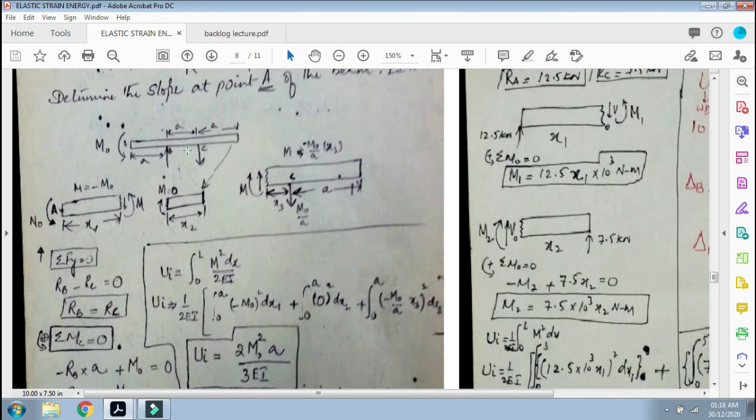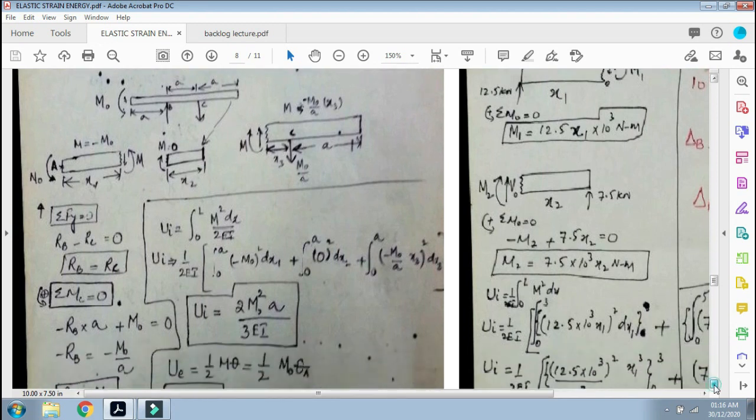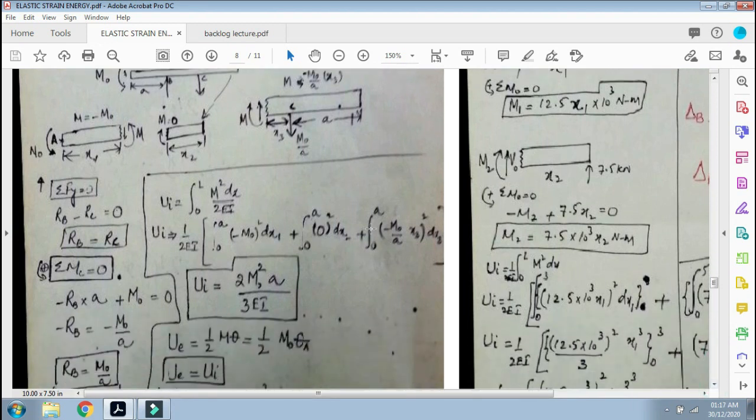And the last one, 0 to a, minus M naught upon a x3, the whole square dx3. Now basically you do simple integration. The zero function will automatically vanish, and when you add together, you get internal strain energy equals 2 M naught square a upon 3EI.